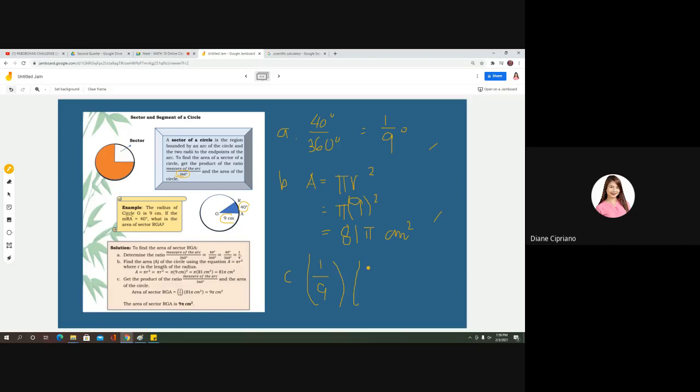By cancellation method, you can now cancel your 9, and this 81 will become 9. So therefore, the answer here is 9 pi cm squared. Question in solving the sector of the circle? Press 1 if you have a question, press 2 if no question.